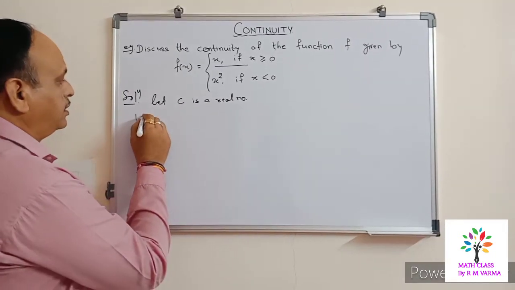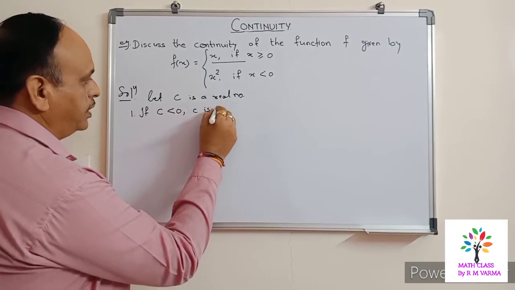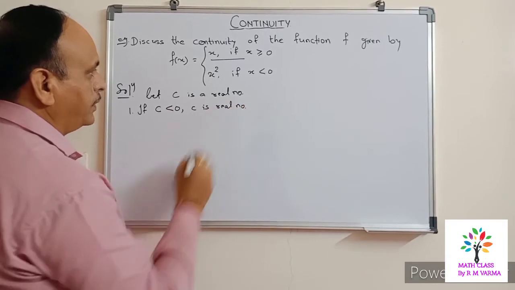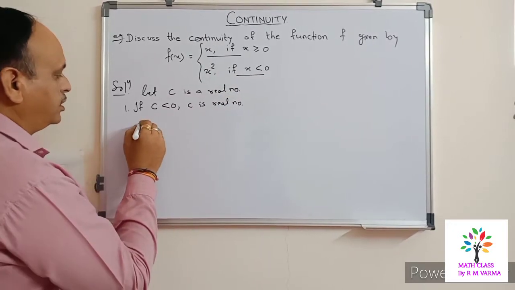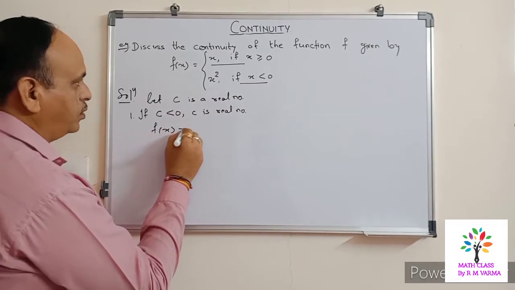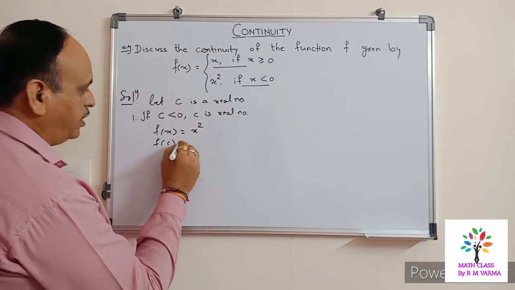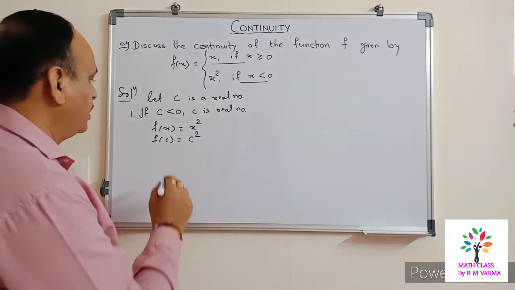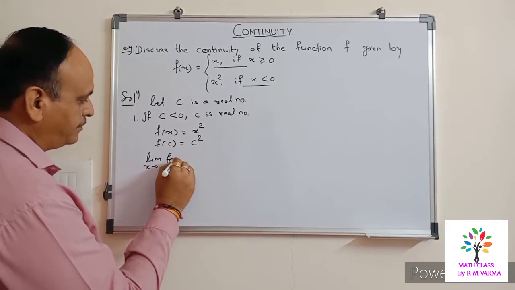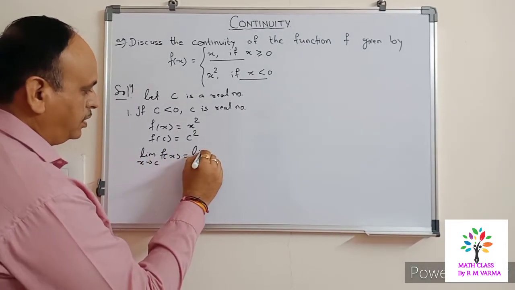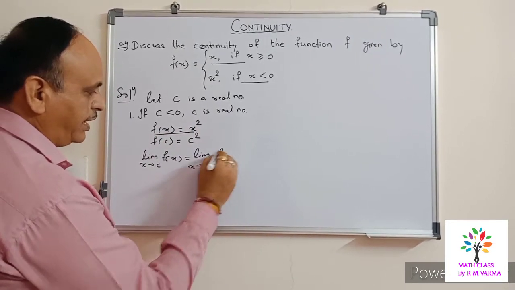First part, if c is less than 0, c is real. Less than 0, my function f(x) equals x square. So at c, f of c, the value is c square. Now we find out the limit. Limit x tends to c, f(x) is equal to limit x tends to c, x square.